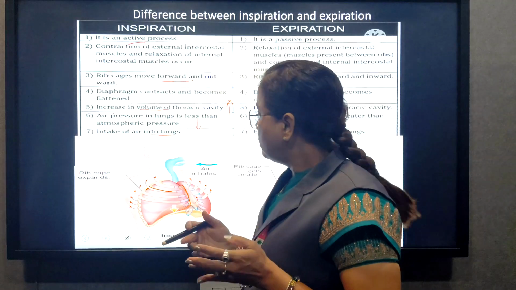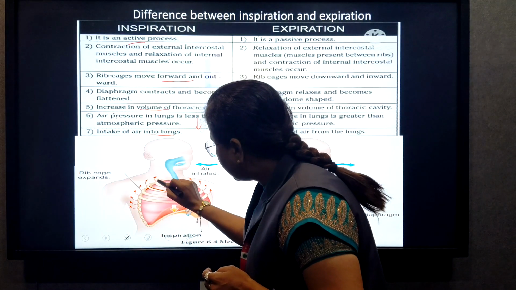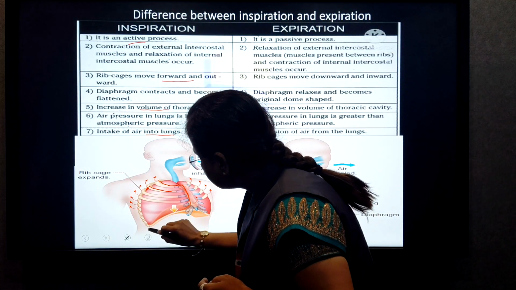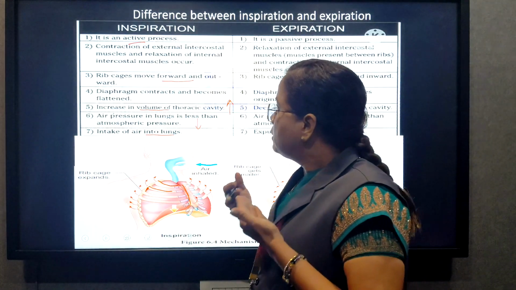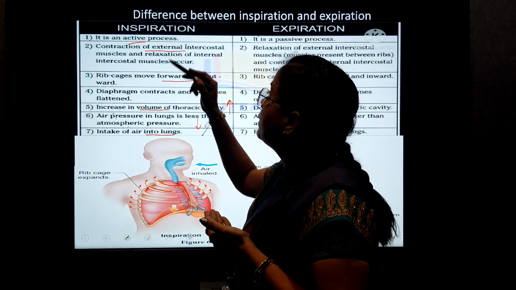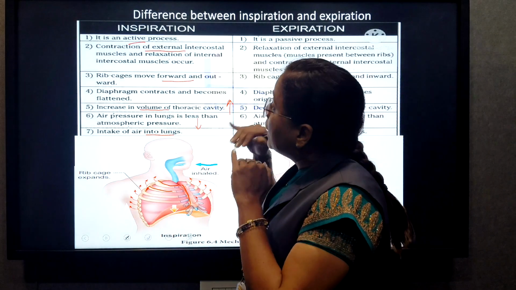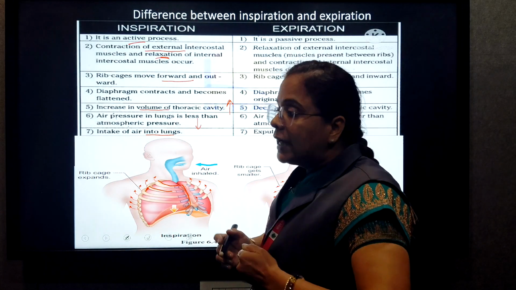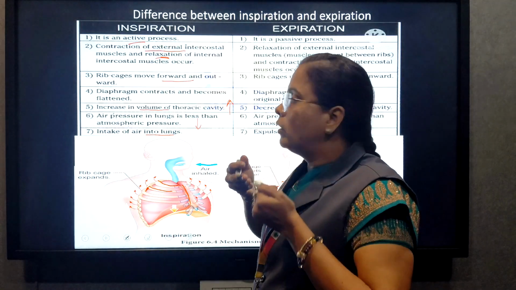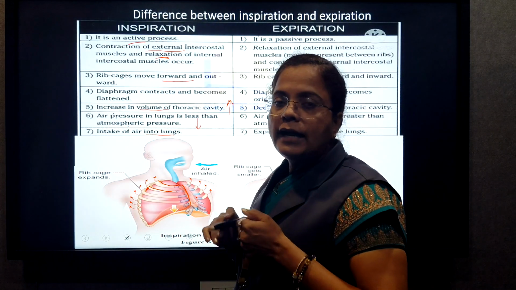How does this happen? The sternum, ribs, intercostal muscles, and diaphragm combine their action in inspiration. In inspiration, the external intercostal muscles contract, the internal intercostal muscles relax, the rib cage moves upward and forward, and the diaphragm becomes flat.